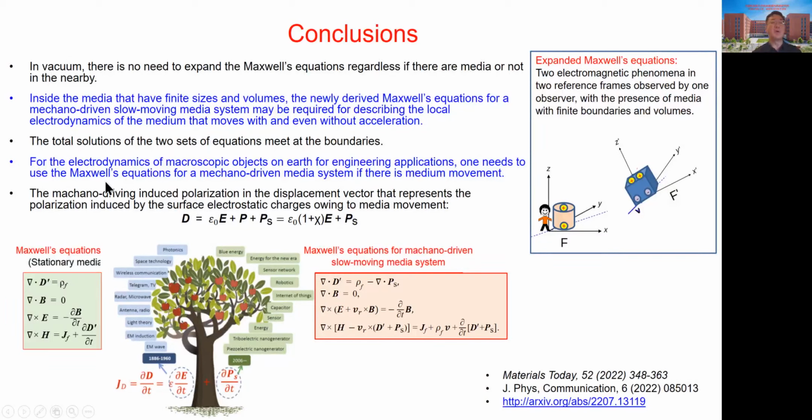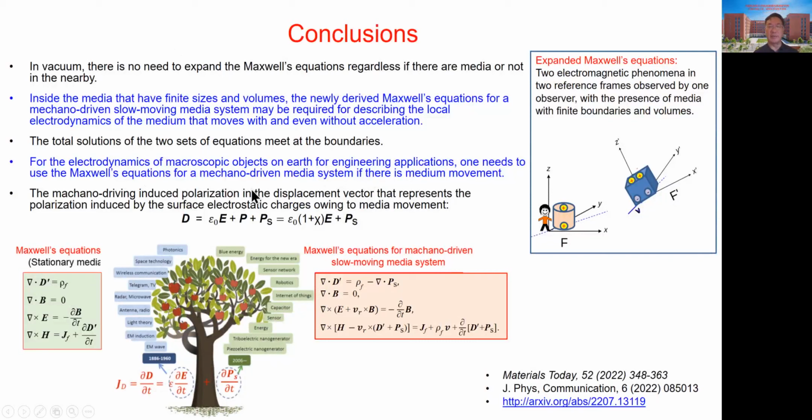Okay, so for electrodynamics of macroscopic objects on Earth, we talk about macroscopic objects, not electrons or those tiny particles. For engineering applications, one needs to use the Maxwell equation for mechano-driven medium system if there's medium motion, especially if you have acceleration. So therefore, this has to be included.